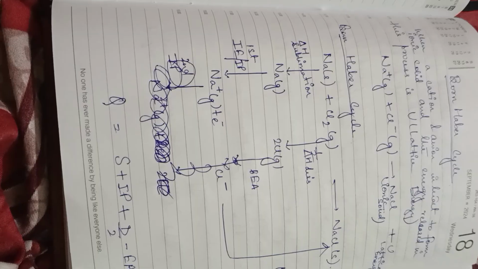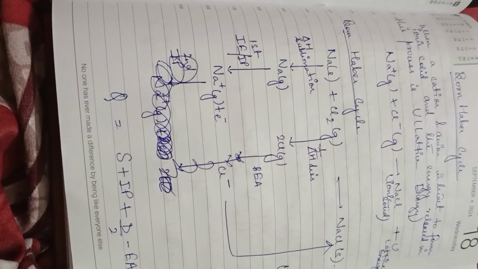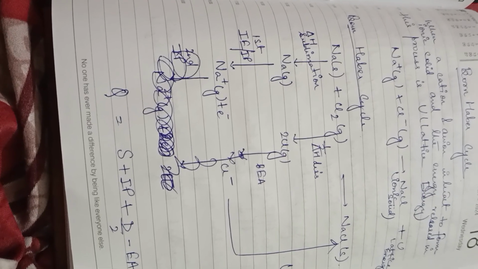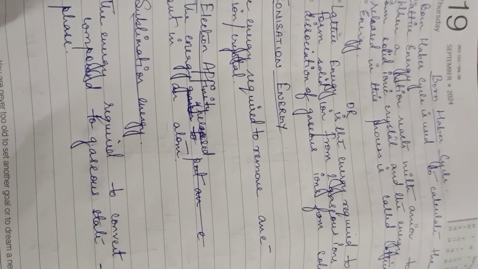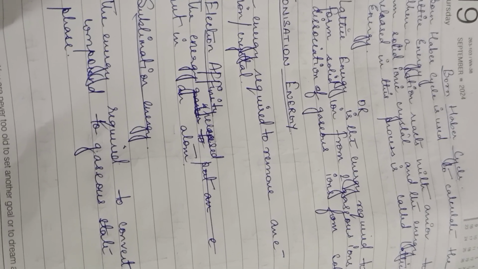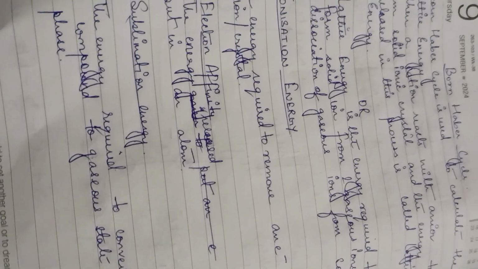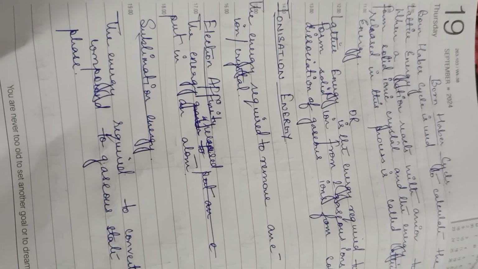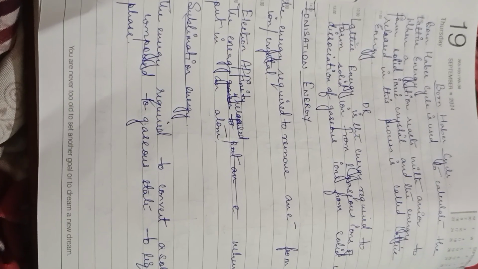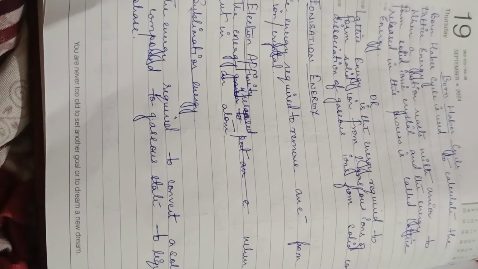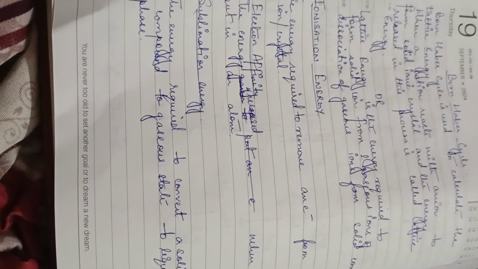When a cation and anion interact to form an ionic solid and energy is released in this process, this is called lattice energy. Better if I start from the very beginning, that Born-Haber cycle is used to calculate the lattice energy. And what is the lattice energy? When the cation and anion react to form an ionic crystal or solid, the energy released in this process is called lattice energy, or the lattice energy is the energy required to form a solid from two gaseous ions, or of dissociation of gaseous ions from solid components.